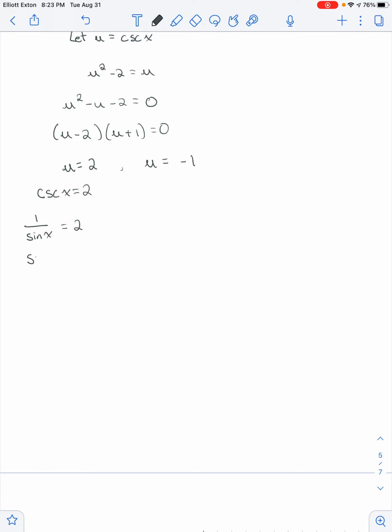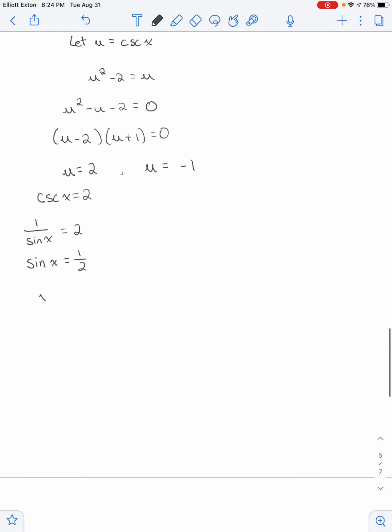And I'll get that sine x is equal to 1 over 2. Now I want to give exact values to this question, so I'm going to use my special triangle to find the ratio of the sine ratio for the angle of x that's equivalent to 1 over 2. And if I use my special triangles, I will find that that angle is pi over 6.